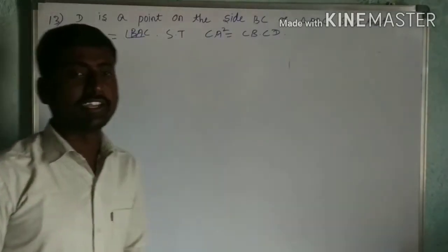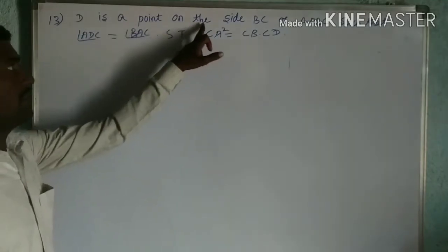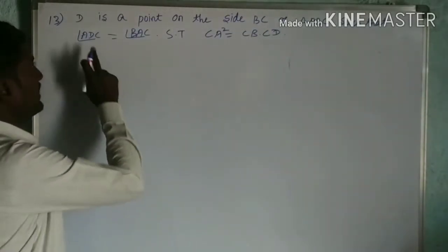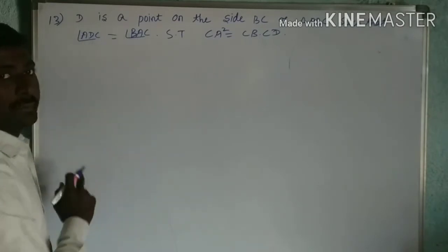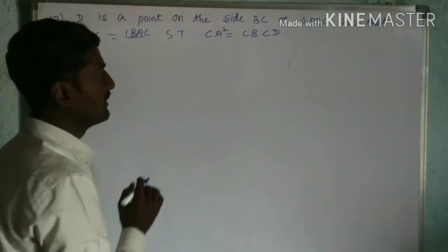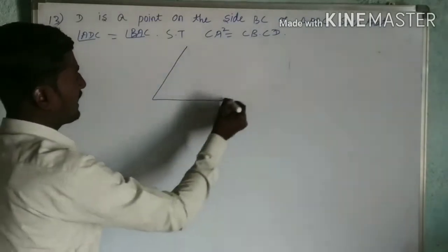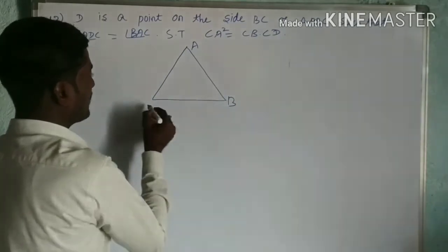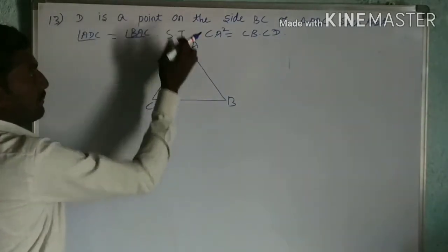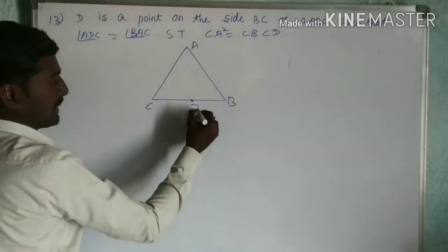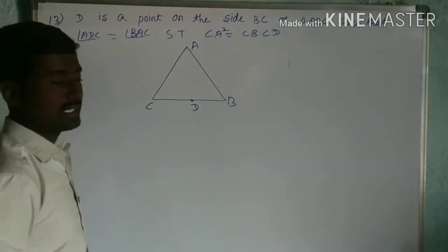Next, question number 13. D is a point on the side BC of triangle ABC such that angle ADC is equal to angle BAC. Show that CA square is equal to CB into CD. First I shall draw a triangle ABC. D is a point on the side BC. You don't know whether it is the midpoint of BC or not, they have not given.